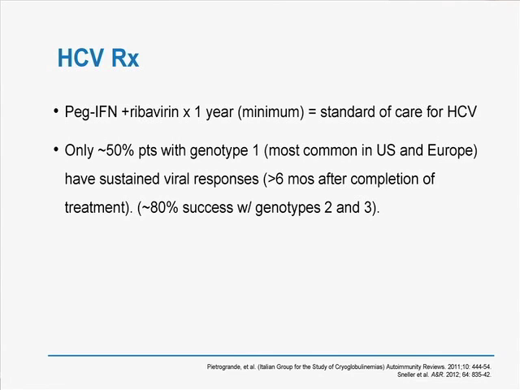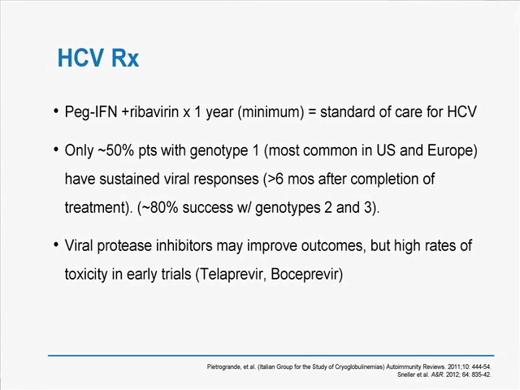What is considered a good response to this therapy is clearance of viremia for over 6 months after completion of treatment. The success rate is a little greater, about 80% with genotypes 2 and 3, but only about 50% with genotype 1 will achieve a 6-month response.